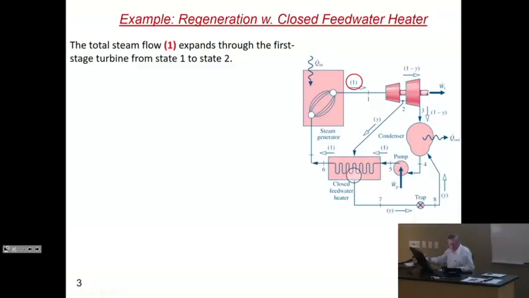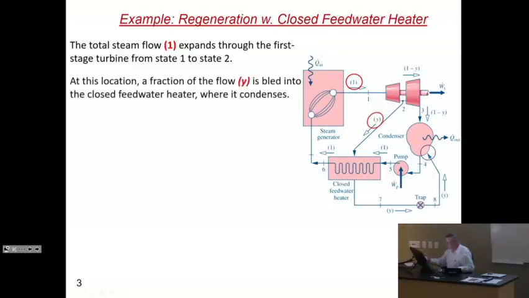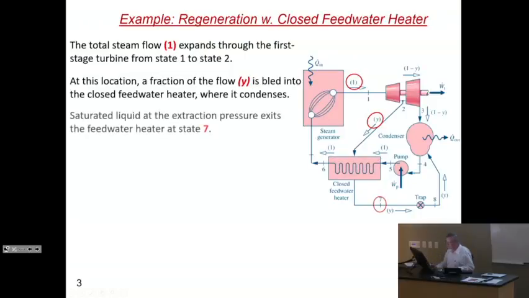Now, in the particular case that I will describe here, this condensate is then sent through the trap to low pressure. So, fraction y of the flow is bled and exposed in the closed feed water heater to the lower temperature water that's inside the tube, the feed water.